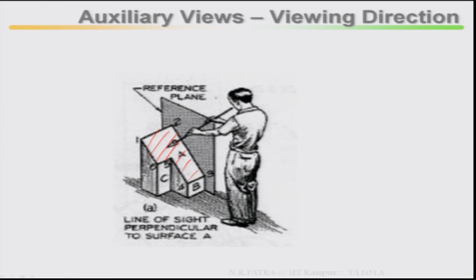So this plane will be your auxiliary plane and the view you are getting is your auxiliary view. Once you get the auxiliary view, because it is perpendicular, whatever you are getting will be your true length or true shape.